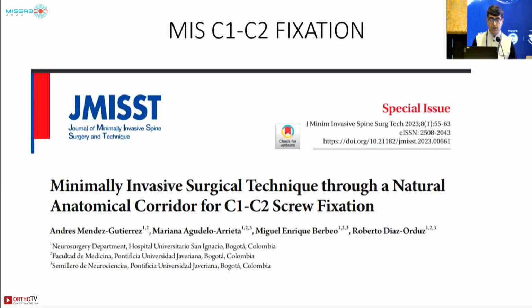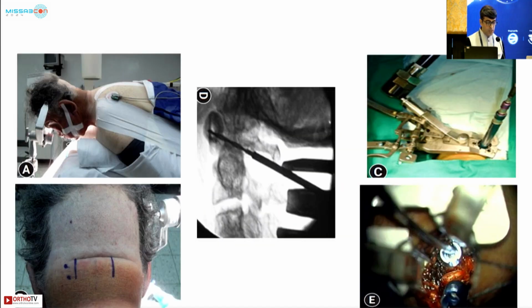MIS C1-C2 fusion has been described in the literature. In a prone position, with this kind of bilateral paramedian incision around 3 cm lateral to the midline, the posterior tension band is preserved, and under C-arm or O-arm guidance, one can put a cervical lateral mass and C2 pars or pedicle screw fixation.